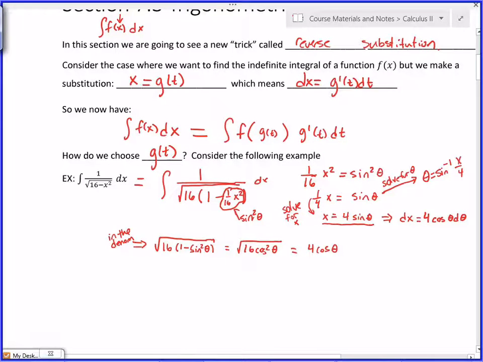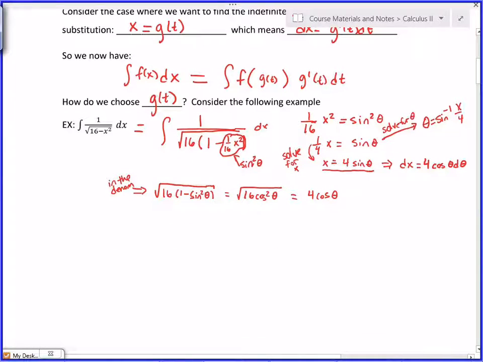Okay. So here's what I know. In the original problem, if I replace x with 4 sine theta, the denominator becomes 4 cosine theta. The whole denominator, right? Square root of 16 times 1 minus sine squared gives me the square root of 16 cosine squared, which gave me 4 cosine theta.